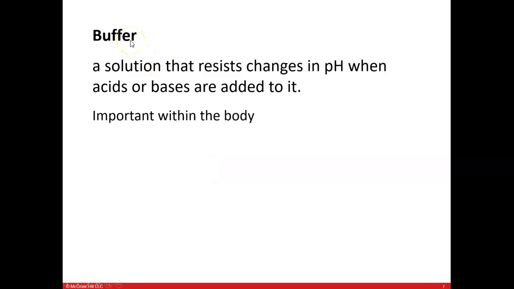I also had the term buffer there. When you looked at the previous diagram, we saw that blood pH is 7.35 to 7.45. So it's a very narrow range in which our blood pH remains constant. And it remains constant because we have some chemicals in the blood that are called buffers. And a buffer is a solution that resists change in pH. So you can eat acidic foods, but your blood pH will not drop.